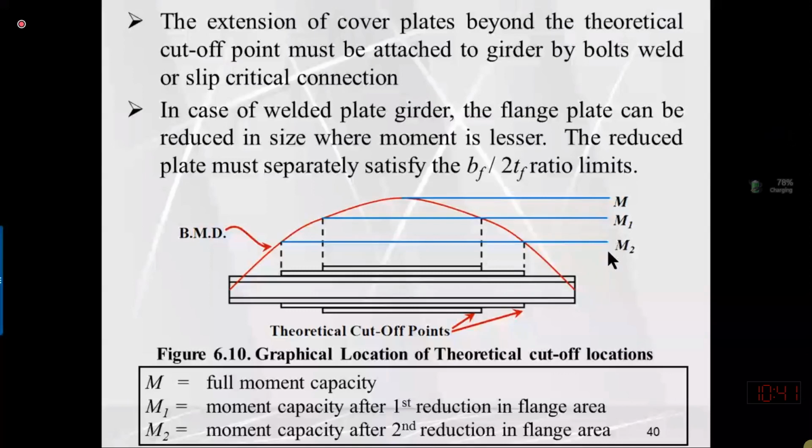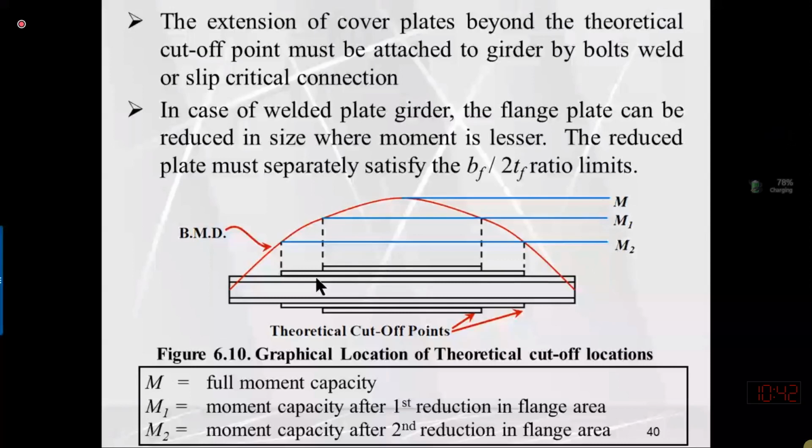For example, we can reduce the flange area or the depth at a section where the moment is lesser, or M1. So by using M1, we can resize the flange dimension or the web dimension. That I have already explained.